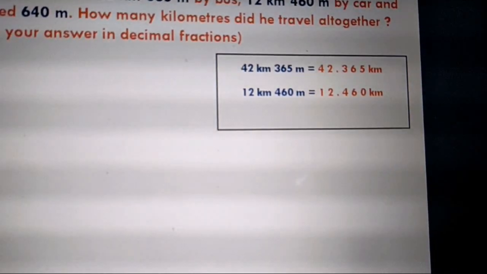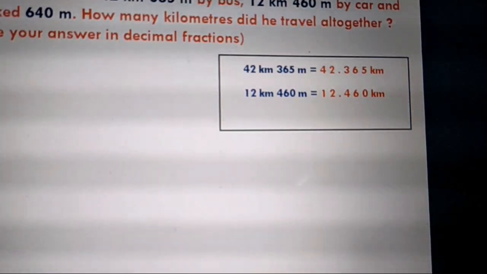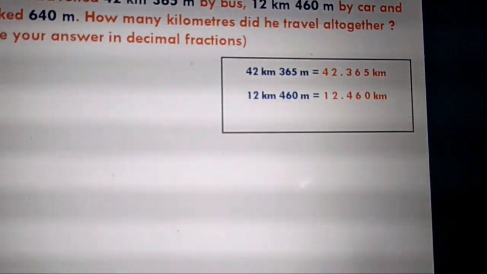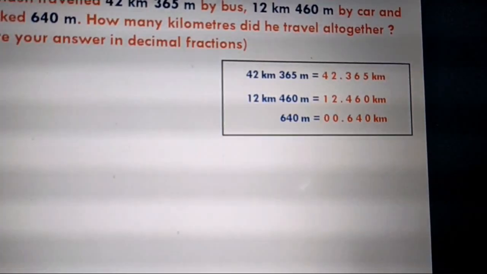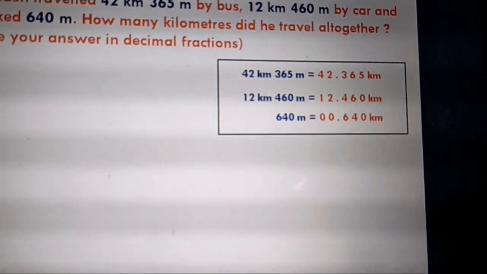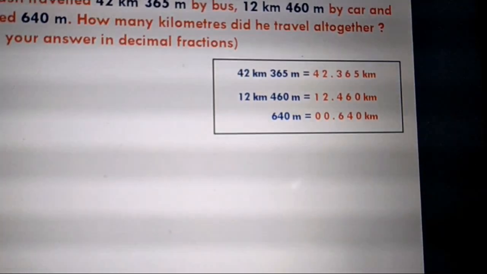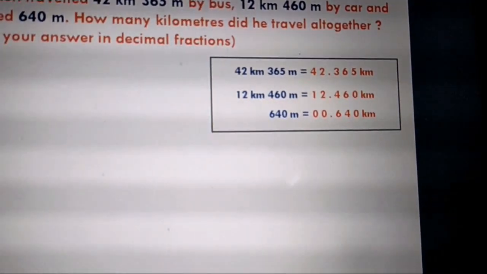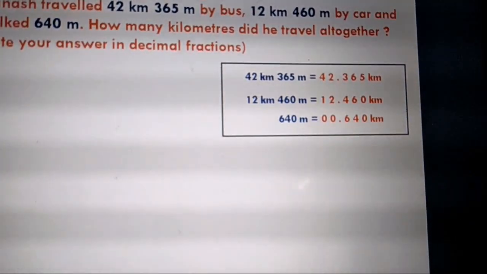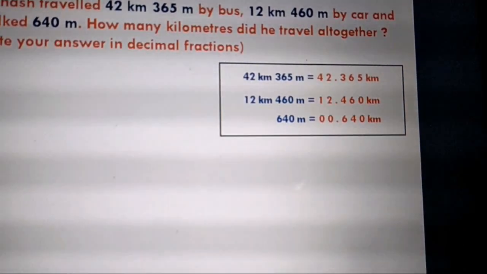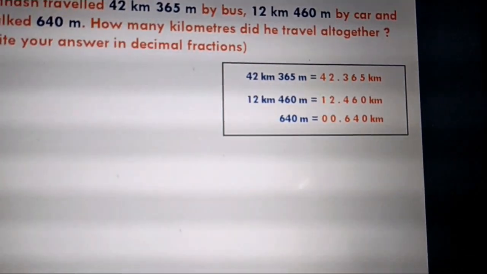The second one, 12 kilometer 460 meter, that is 12.460 kilometer. And the third one is 640 meter. See, there is no kilometer, that's why we are writing 0.640 kilometer. So what we will do now? We will add all these values which are given in the fraction form.